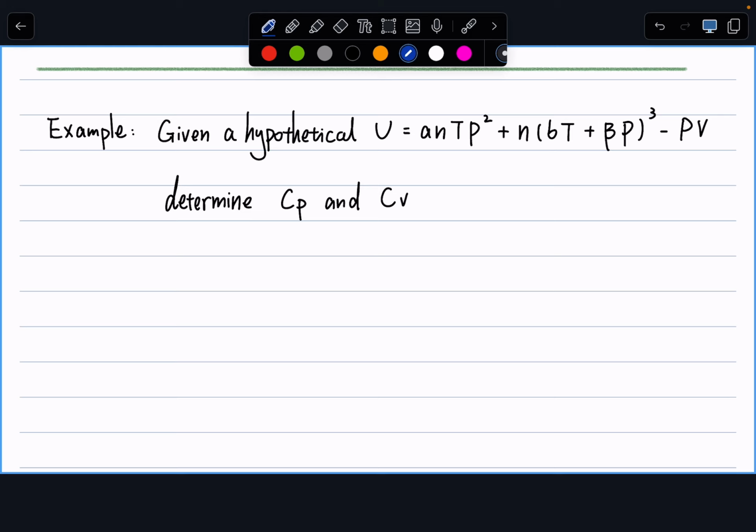So just to put the equations we're going to use: Cp equals the partial derivative of enthalpy over temperature at constant P. Cv equals the partial derivative of internal energy over T at constant V. I'll give you a few minutes to work on it. I'll also be writing on the board, and then we'll discuss our results together.